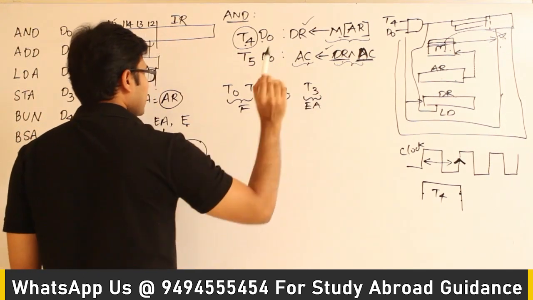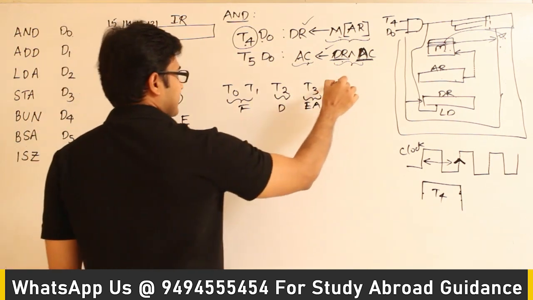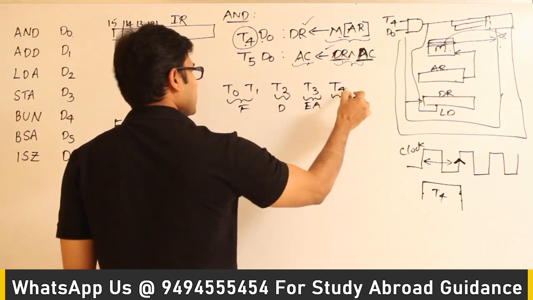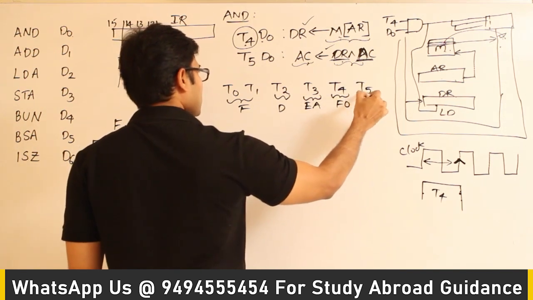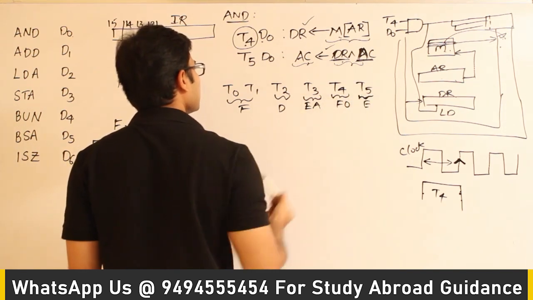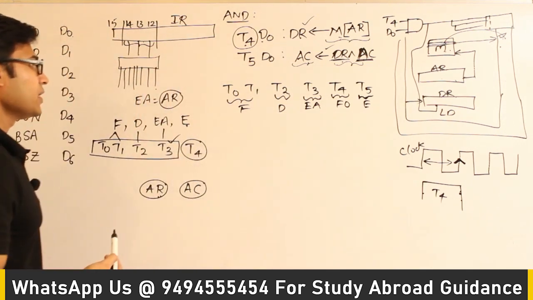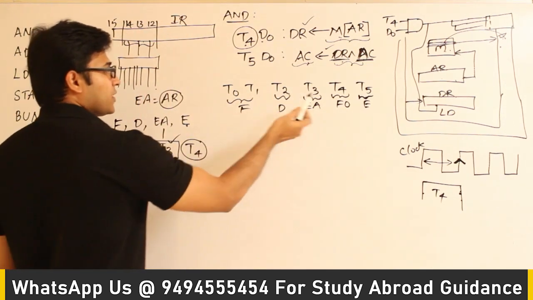Anyway, T3 has to be there, and T4 is used for fetching the operand, and T5 is used for executing the instruction. So by the end of it, our execution is over.